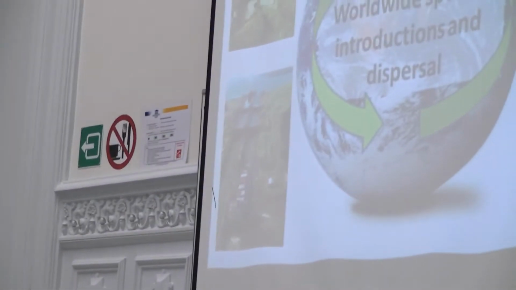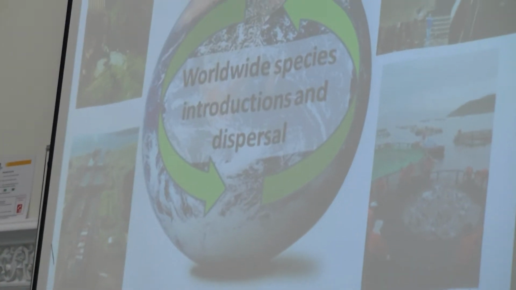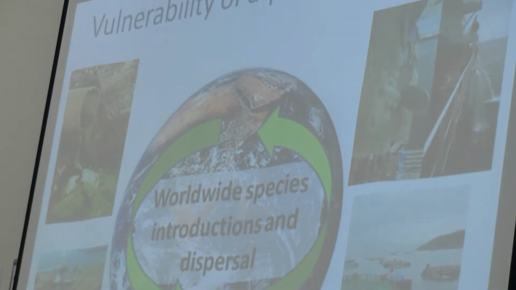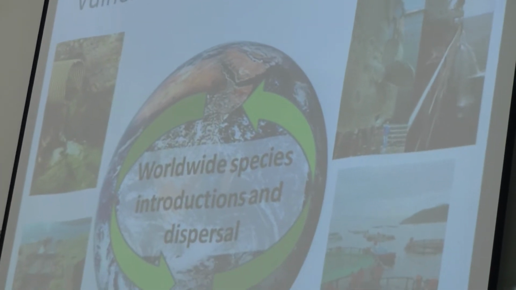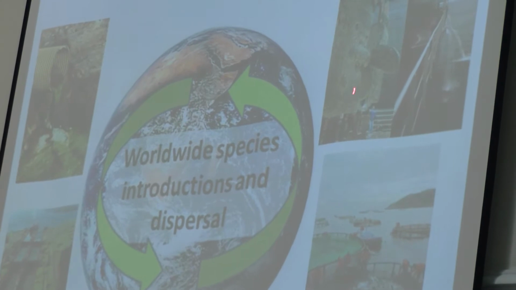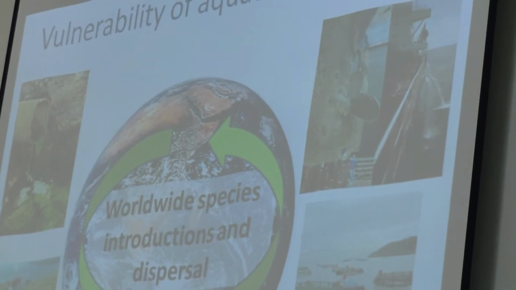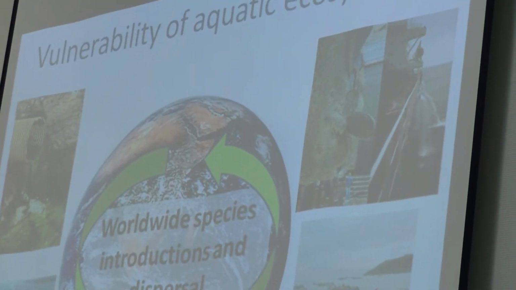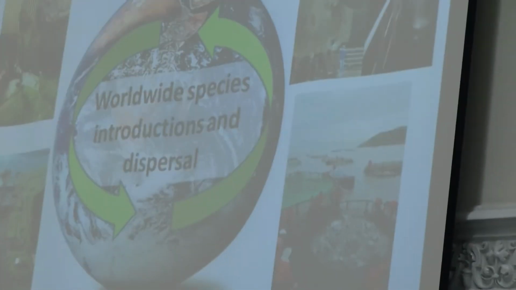Why is especially the aquatic ecosystem so vulnerable to invasions? Well, there are several reasons for it. First of all, a lot of alien species are transported via ballast water of ships, as you can see on this picture, via foul hauling or ballast water. And due to the increasing trade in the world, also the number of introductions of species is increasing.